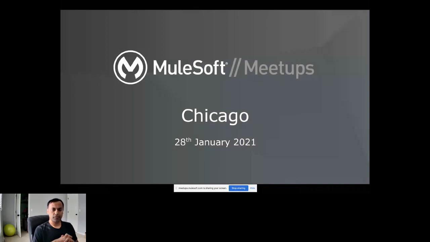Then we have Big Compass with us today. Big Compass, thank you for joining. We will have Big Compass share their point of view briefly on the same topic, and then we have a trivia, as we typically try to have every meetup to keep the excitement, and then we are going to wrap up.